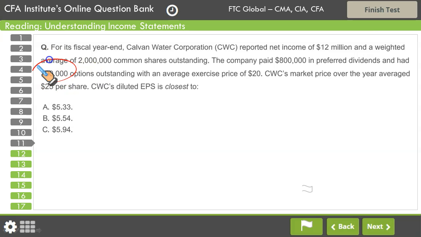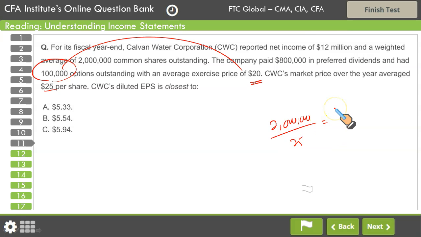These 100,000 share options, when exercised, will bring in how much cash for the firm? 20 times 100,000. Of course, it will bring in $2 million cash. Now, if this $2 million cash is used by the firm to acquire shares from the market at this price, how many shares can a firm purchase? 2 million upon 25.